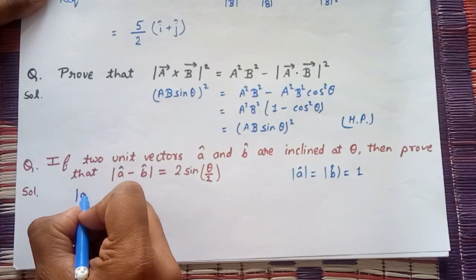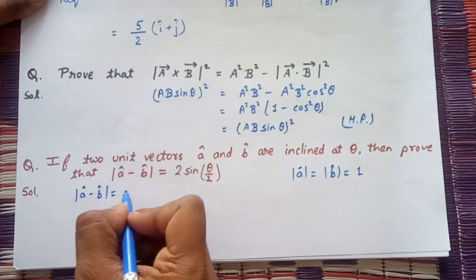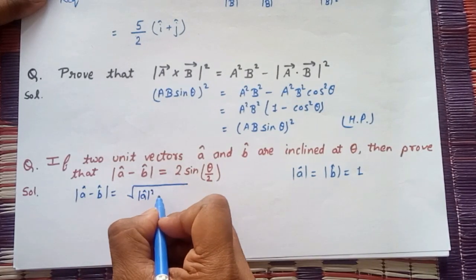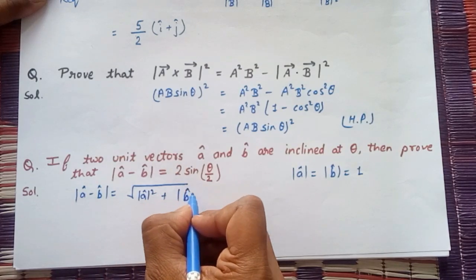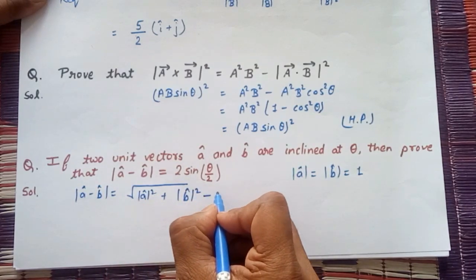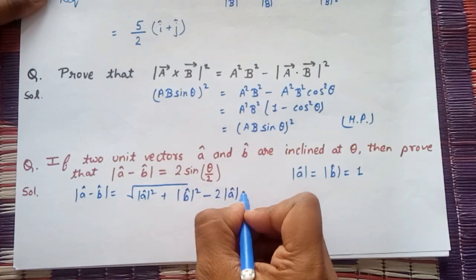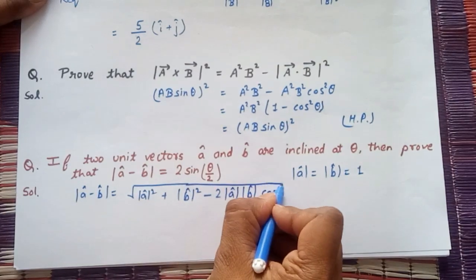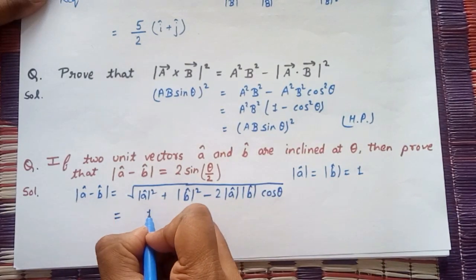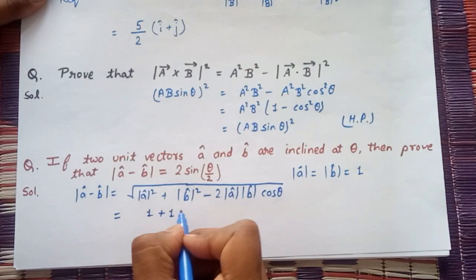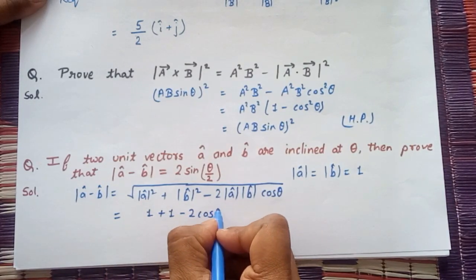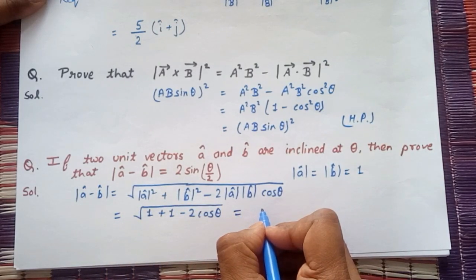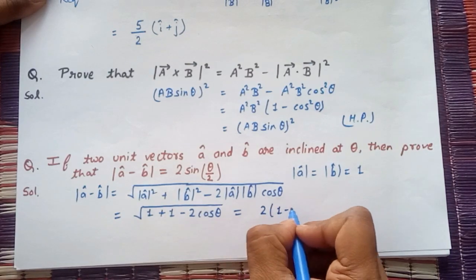It will be equal to the square root of mod of a cap square plus mod of b cap square minus 2 mod of a cap mod of b cap cos theta. So it will be equal to the square root of 1 plus 1 minus 2 cos theta, or I can write it as the square root of 2 times 1 minus cos theta.